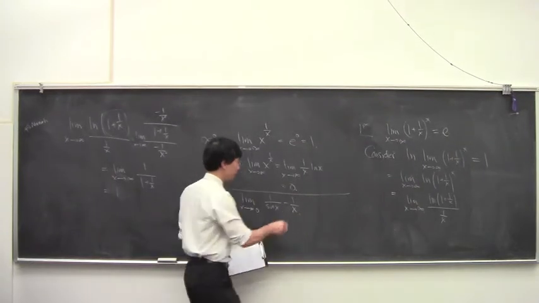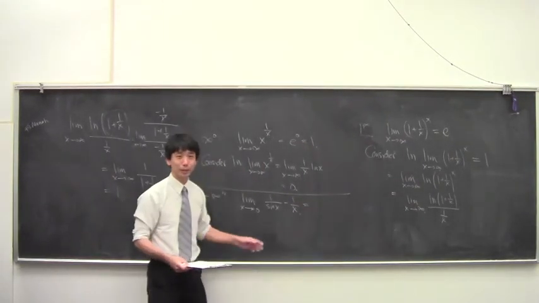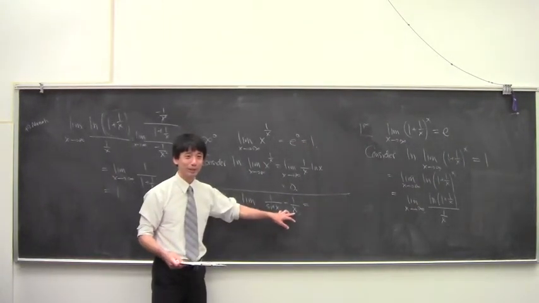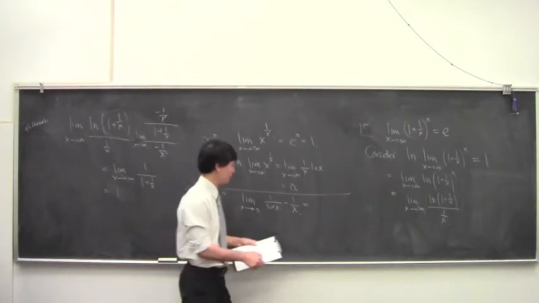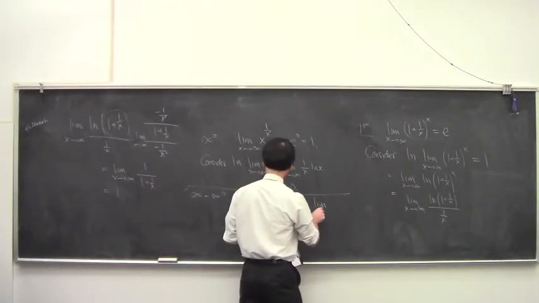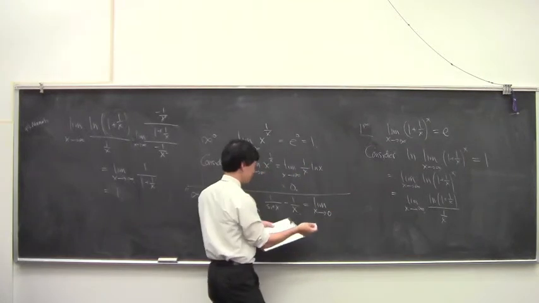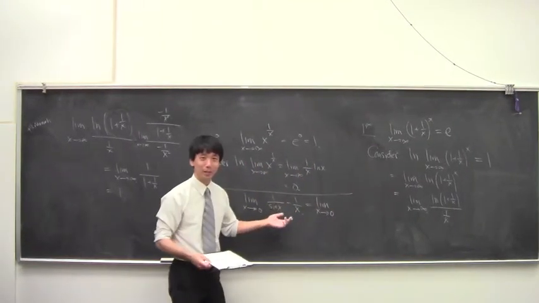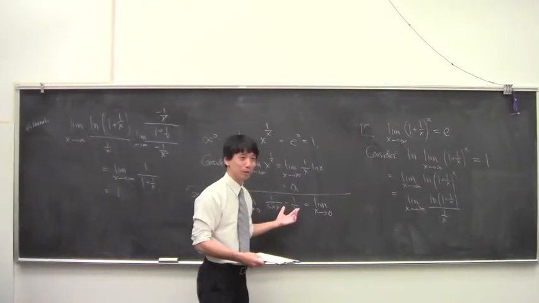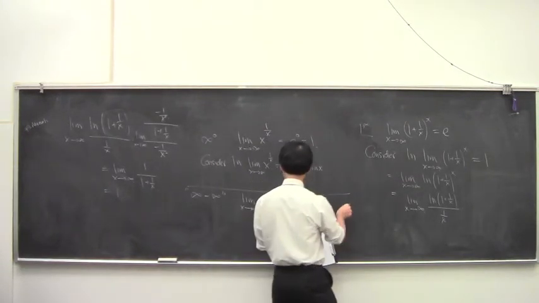What do you do with it? The trick in this case is just to do elementary school algebra. That's why I didn't even mention it. Sometimes if you just find a common denominator, you can put it into L'Hopital's rule form. So find a common denominator.